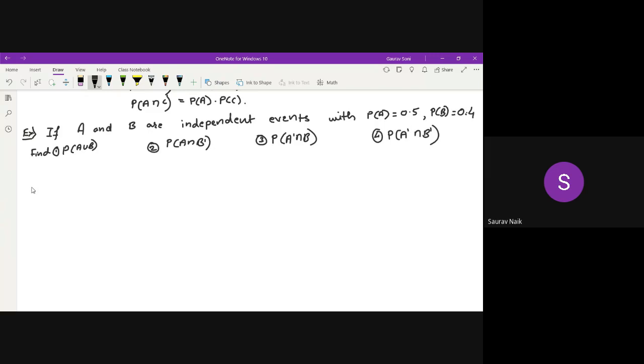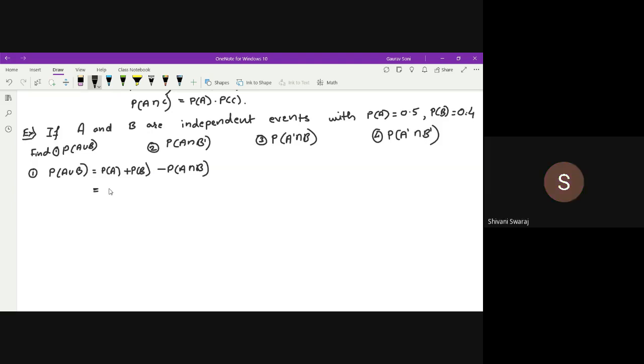For the first one, probability of A union B, it is going to be P of A plus P of B minus P of A intersection B, the formula. Exactly. What is probability of A intersection B?